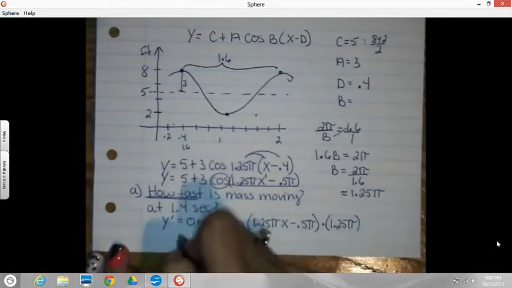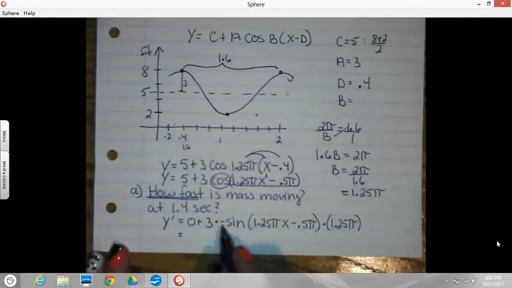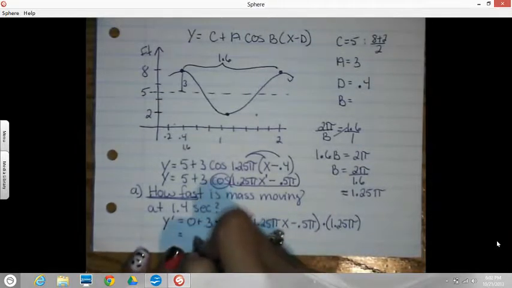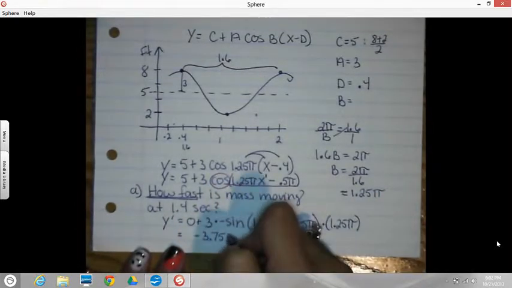So if I wanted to simplify this a little, I'll bring this constant to the front, times by the 3 and times by the negative 1. So I'm going to go 3 times 1.25. That's going to be a negative 3.75 pi, still there.